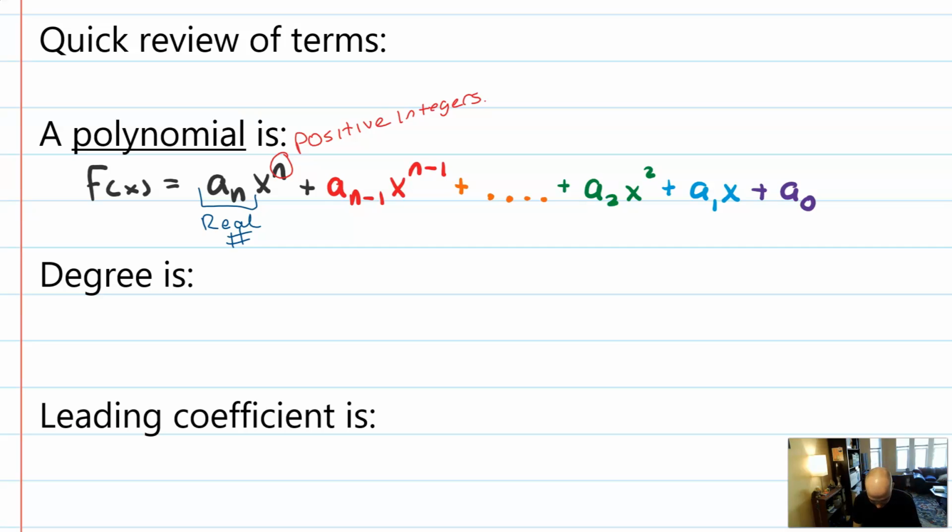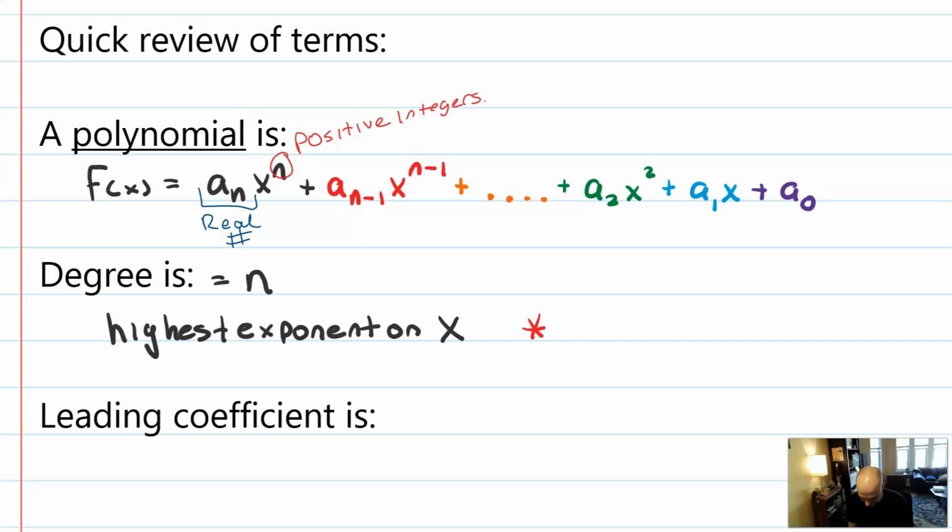Degree is, in the polynomial that I've written, the degree is n. And what I mean by that is it's the highest exponent on x, with the catch that that's in multiplied form, which is the form I wrote up there.